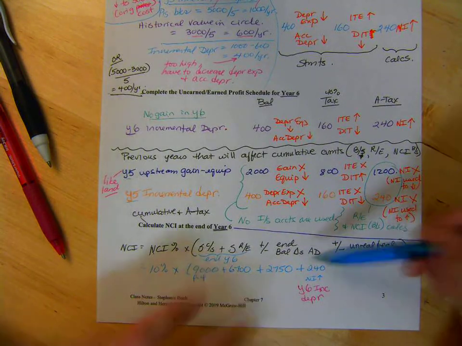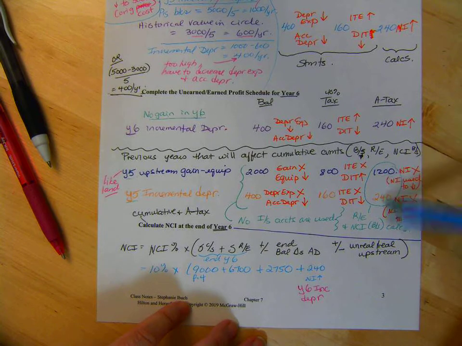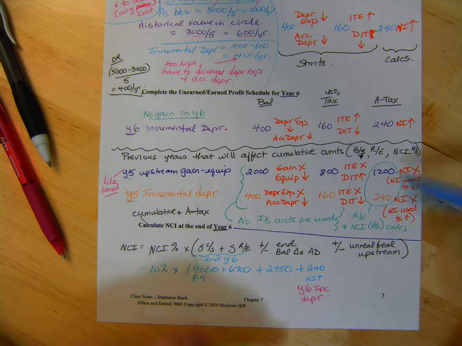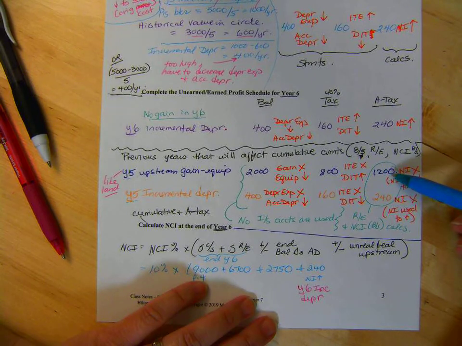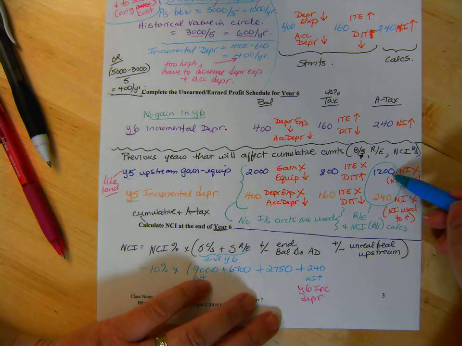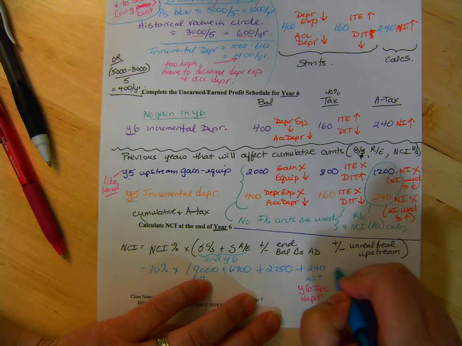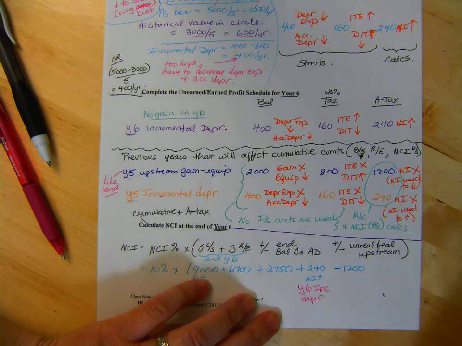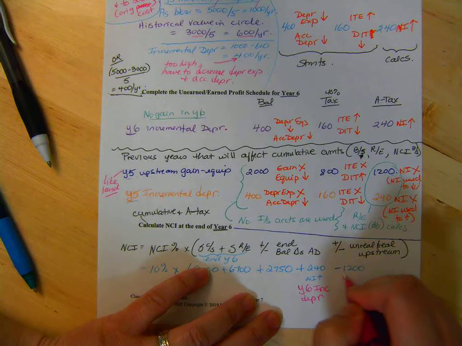Now remember, this is cumulative, so we also have to take into account year 5. So I'm just going to keep going down. So this 1,200, should we add or subtract it? Well, net income used to go down because it was a gain, so we took it away. So we're going to subtract it. Okay, and that was a year 5 gain.